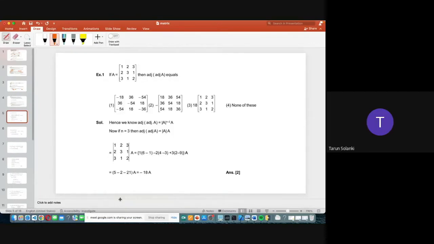So this becomes minus 18. So minus 18 into A. Checking with this, the second is the correct answer.